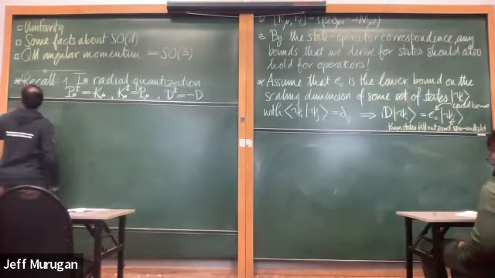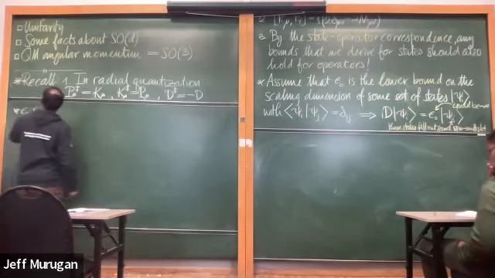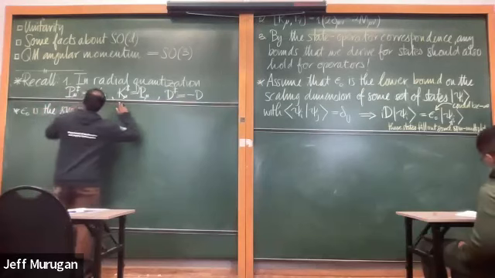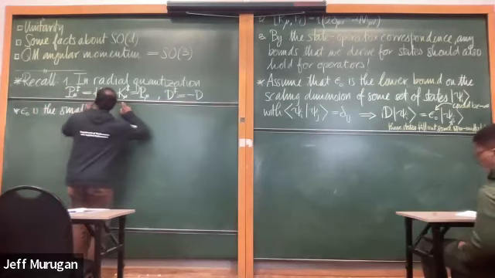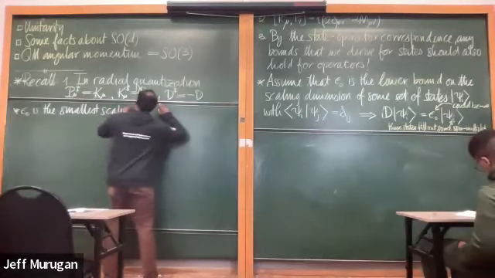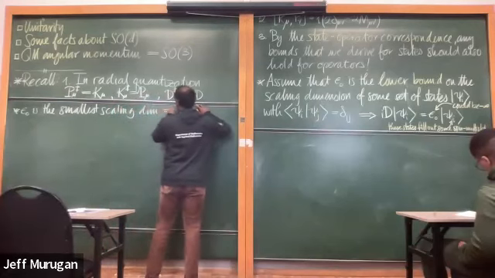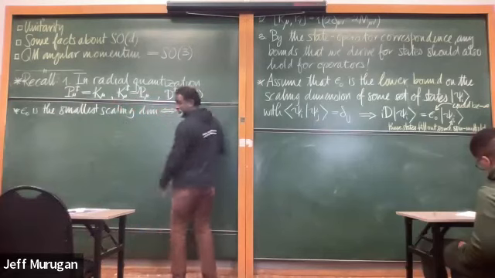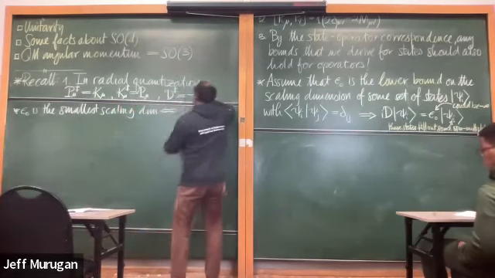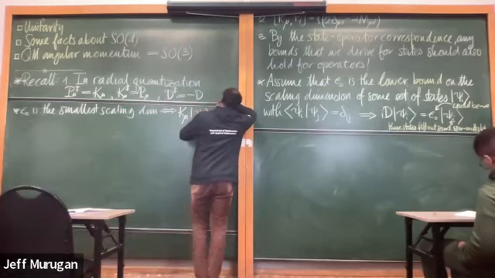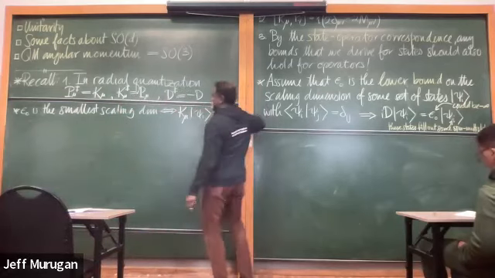So epsilon naught is the smallest scaling dimension if K mu acting on psi i, for all of the psi i's, is 0.